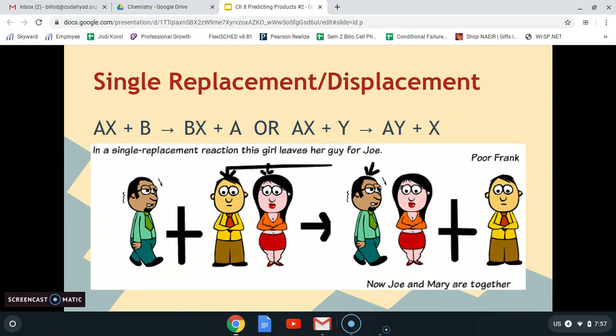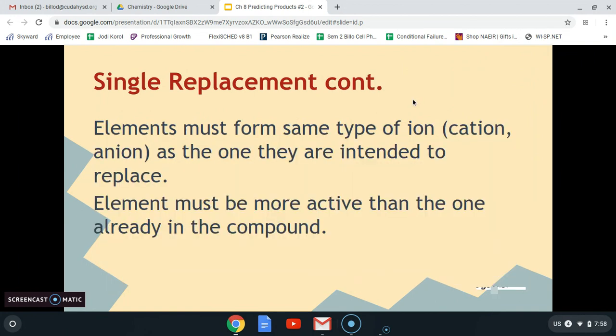Now, the idea here is Mary is not going to leave Frank for Joe unless Joe is a better option. I guess you could say he has to be ranked higher than Frank for her to leave him. Okay? Now, the reason I use this example is sometimes single replacement reactions don't occur.